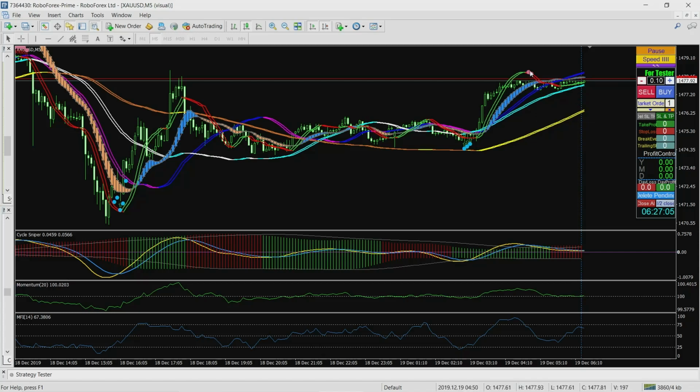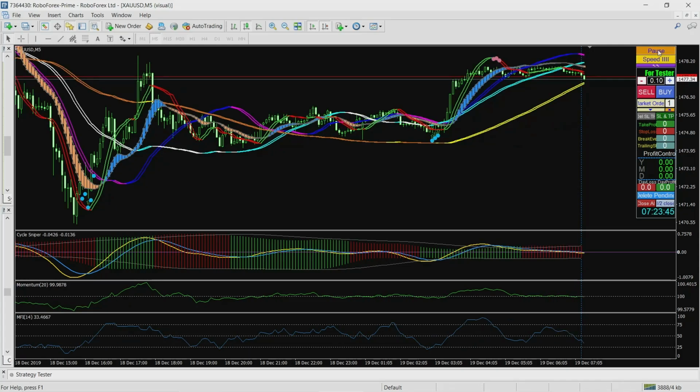We got a signal not only from Cycle Sniper, but below we have a support zone here. Also, momentum must be below 100 and Money Flow Index below 50. Let's run it. I will show you. There seems to be a selling opportunity, but it must close below the 200 period Beta Bands.